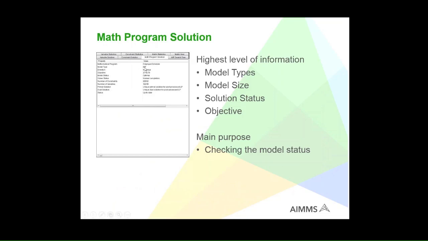In this case, I'm solving a MIP, the objective, and the status. So you can see, do I have a normal solution? Do I have a unique solution? And even is it up to date? Because sometimes you can make changes in the Met Program Inspector, and then you have to resolve it to actually get the solution. The main purpose of that is to check the model status. Is it feasible?